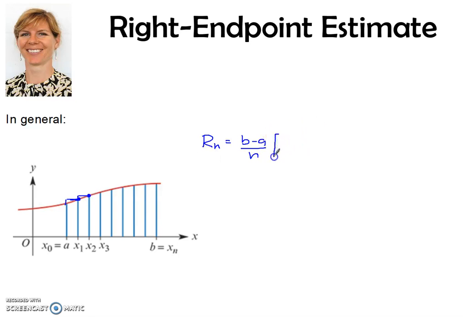The first function value we need is not x naught, but x1. f of x1 plus f of x2, etc., and of course the last one will be, in this case, f of xn. That one there. So very similar to the left, just bump the whole thing sideways by one value of x. That's our right endpoint estimate.